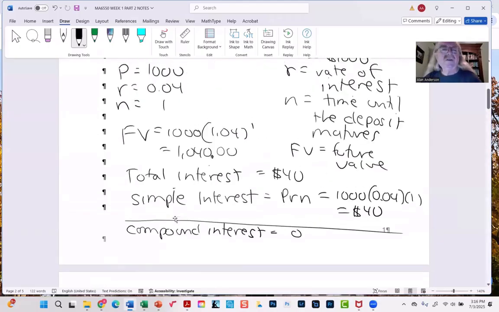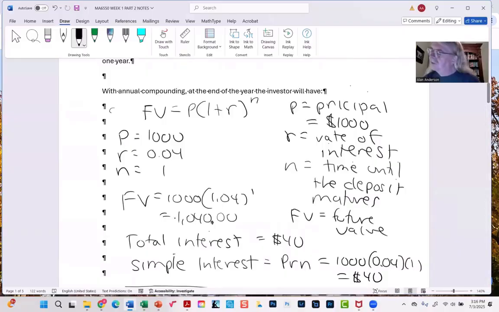Now, this is where it gets interesting. So we'll think of that as part A. In part B, we're going to change the compounding frequency to semi-annual. Okay, so here we're assuming annual compounding.